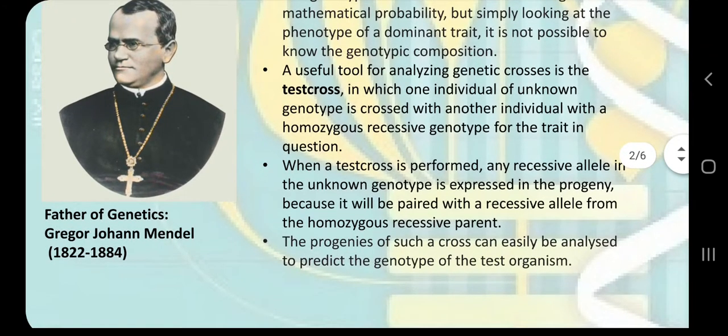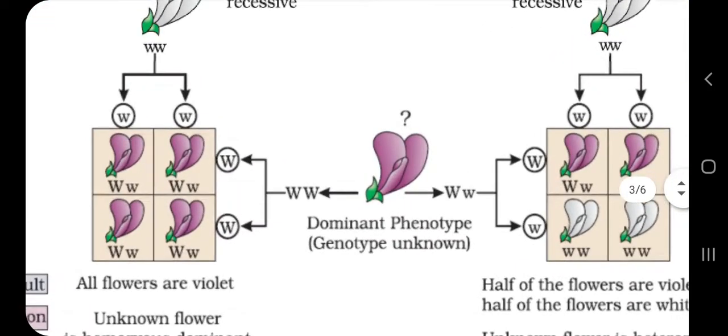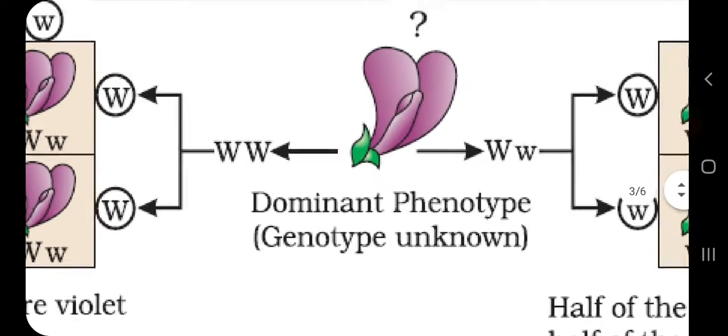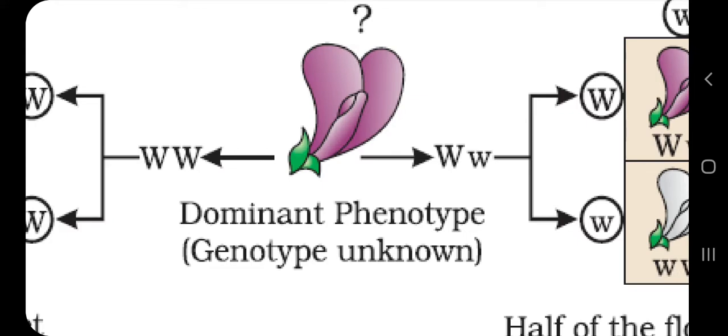It's simple. When you have a dominant phenotype, for example purple flower color, tall pea plant, or rounded seed shape, any one of those seven characters, and you don't know whether it is homozygous or heterozygous, then you simply cross this plant with a homozygous recessive plant.